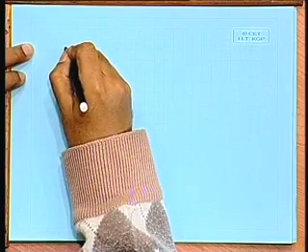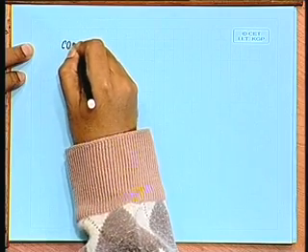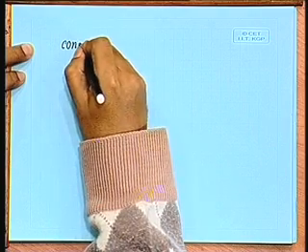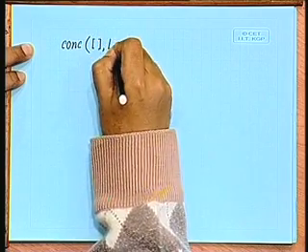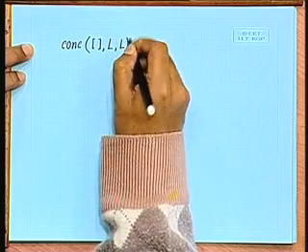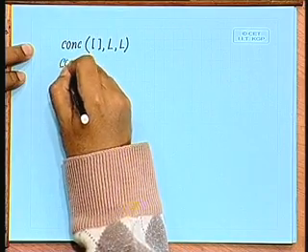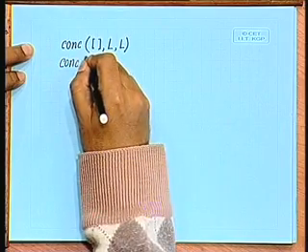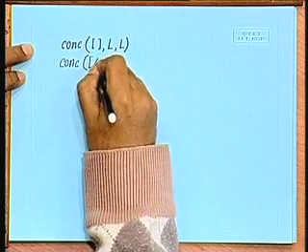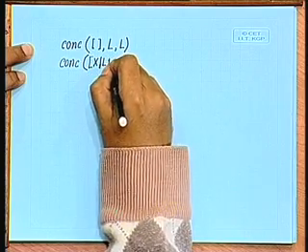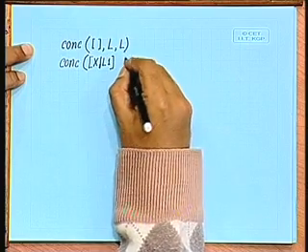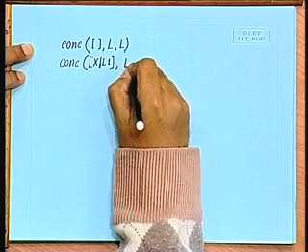Okay. Let me first take down the predicate concatenate this. L1, then L2.